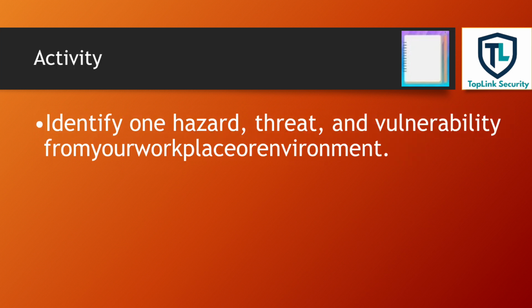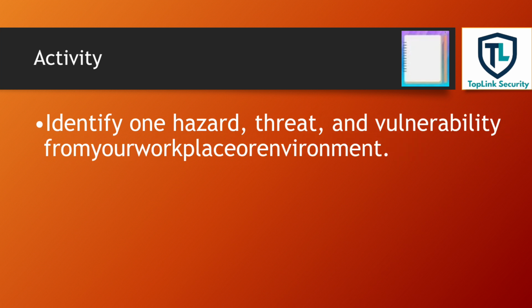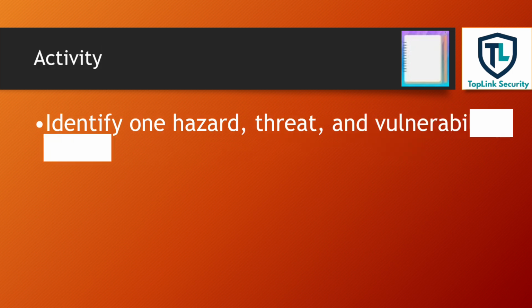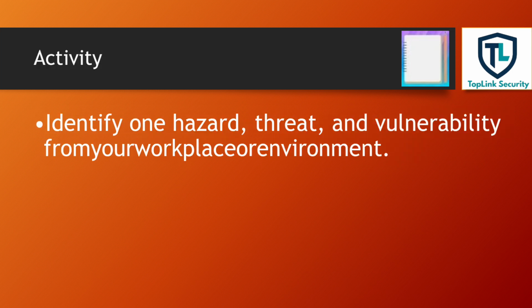For instance, in a hospital, a hazard could be a malfunctioning medical device, a threat could be insider theft of patient records, and a vulnerability could be an unlocked cabinet storing controlled substances. You have 3 minutes before we move to segment 3 to attend to the questions in your workbook.